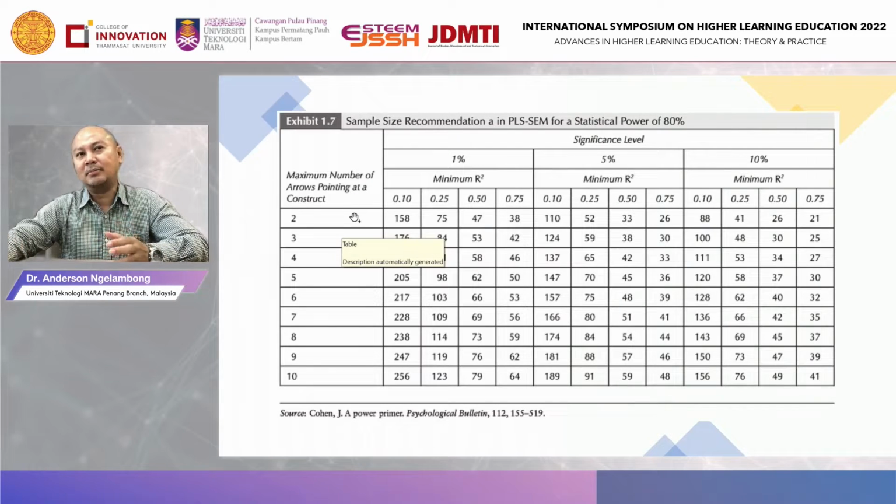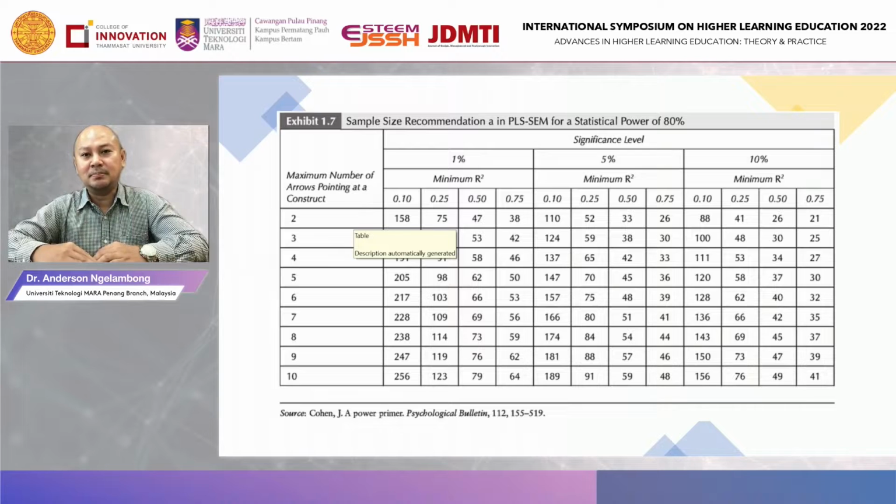I am aware that for undergraduate the model may be very simple, but for postgraduate study the research model may be quite complicated, whereby you have so many variables. So in order to use this table, you should know the maximum number of arrows pointing at a construct or at a variable.